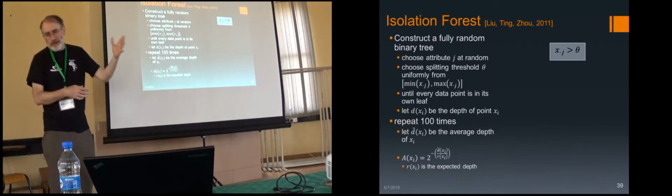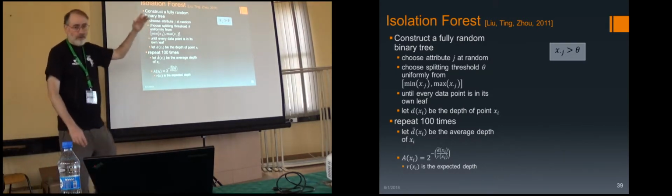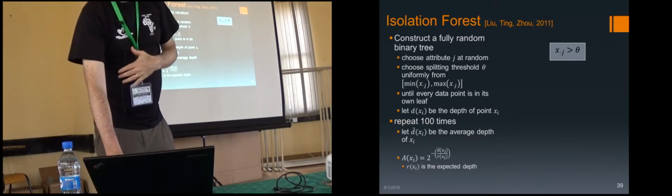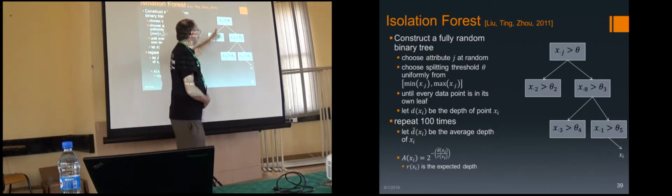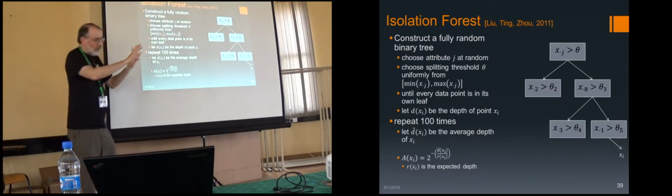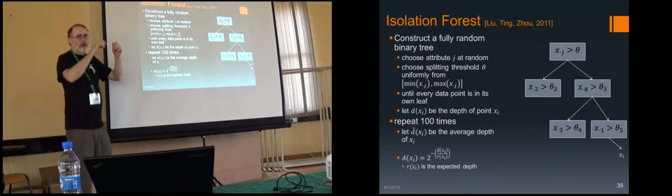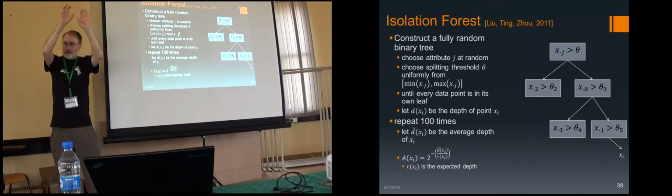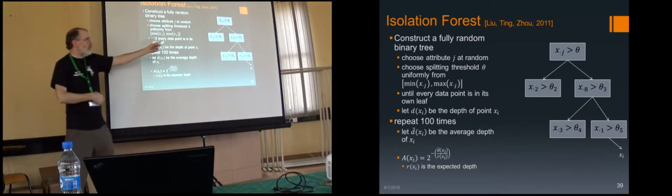So maybe we choose weight, and then we choose 20 kilograms. And then for each data point, if weight is above 20 kilograms, we branch to the left. Else we branch to the right. And we keep constructing basically this big random if-then-else structure. Until, and we can take our data and drop it through the if-then-else structure until it reaches a leaf.